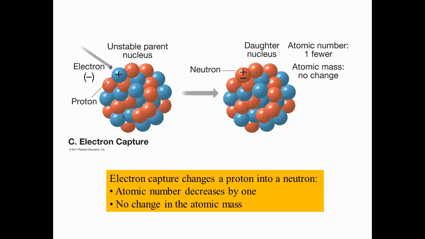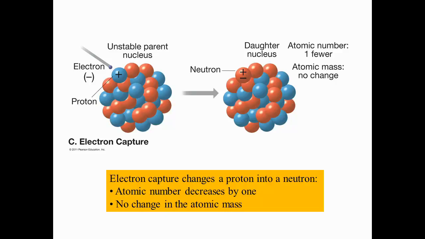Electron capture in turn changes a proton into a neutron. Beginning again with the unstable parent nucleus, notice that we start out with a proton that has a positive charge indicated. And when this proton captures an electron, we end up with a particle that has both a positive and a negative charge in the daughter element.